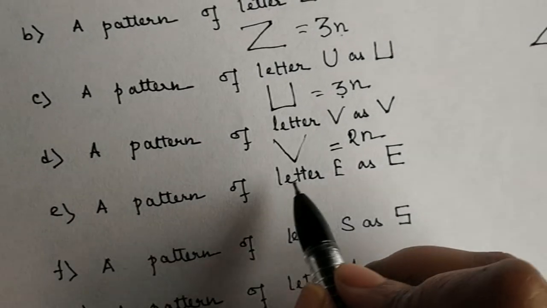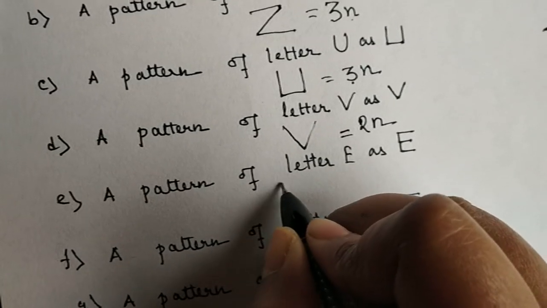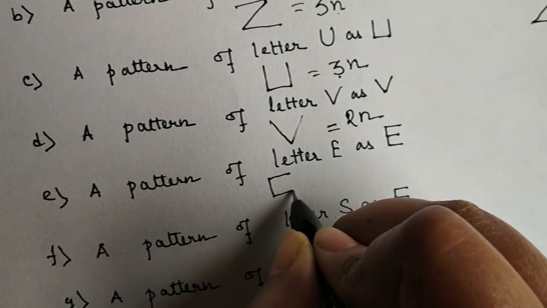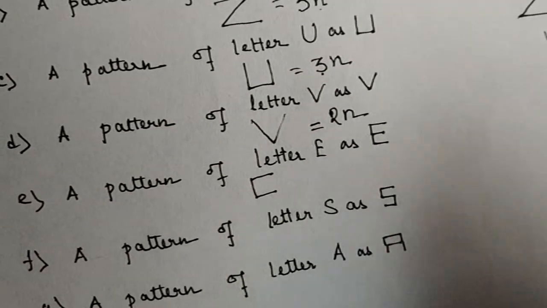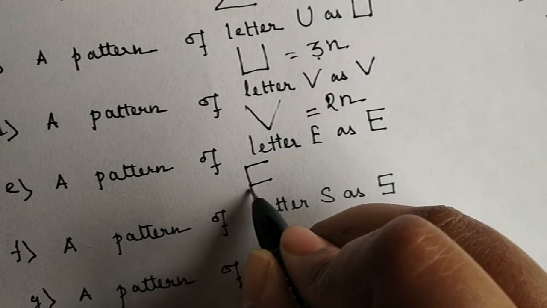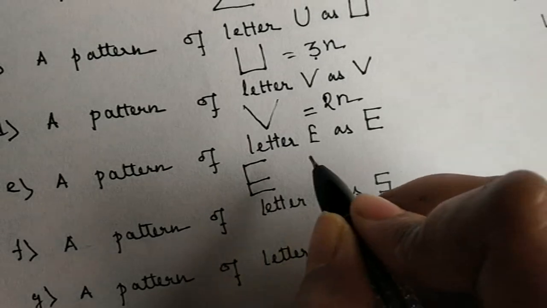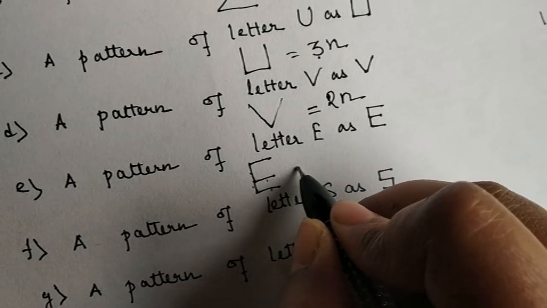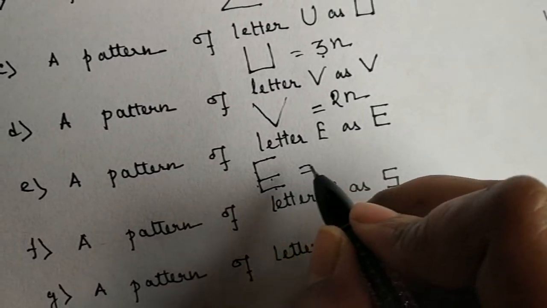Now a pattern of letter E. In the next one, 1, 2, 3, 4, 5. Total 5 mastics are used in one letter, one alphabet.